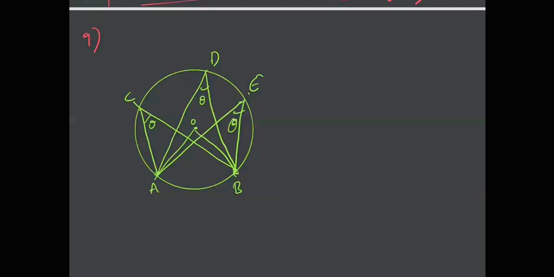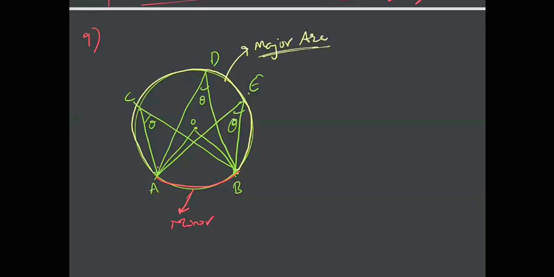Fine. So this AB is called the minor arc here. So this is the minor arc, and this one is the major arc. Okay. So this arc AB subtends equal angles at the circumference. Okay, I think it is clear, right?